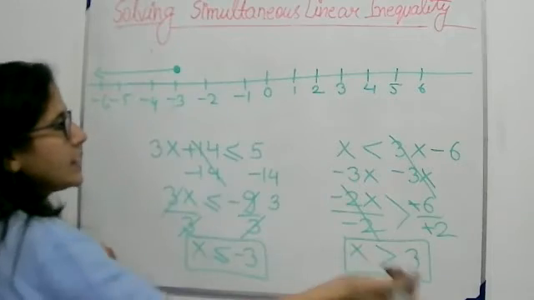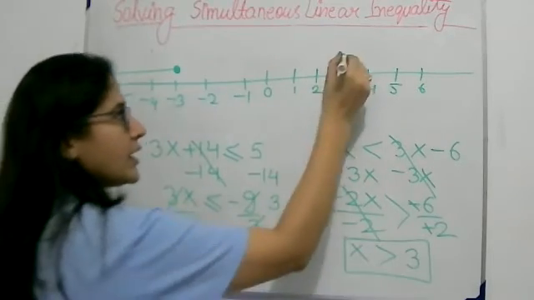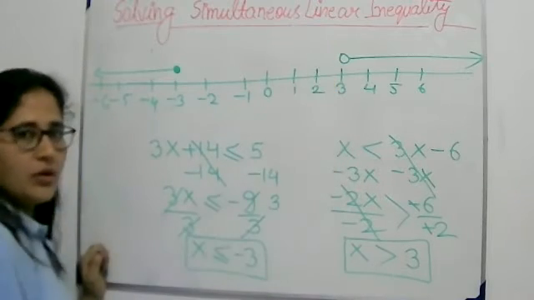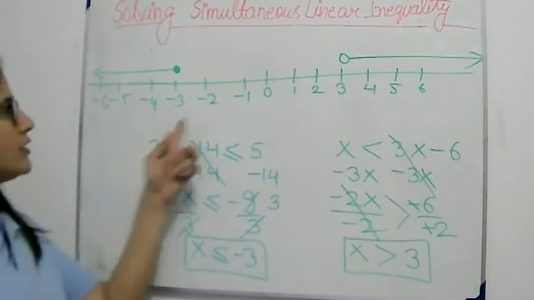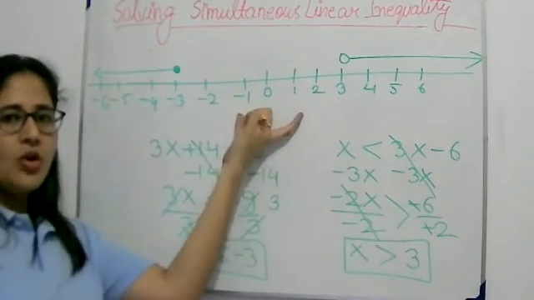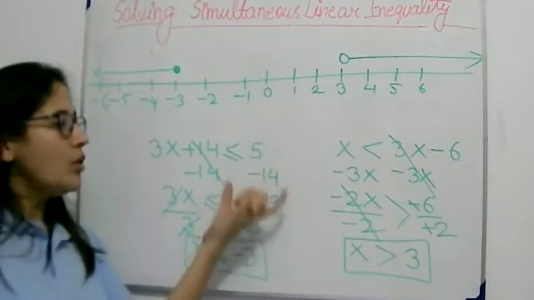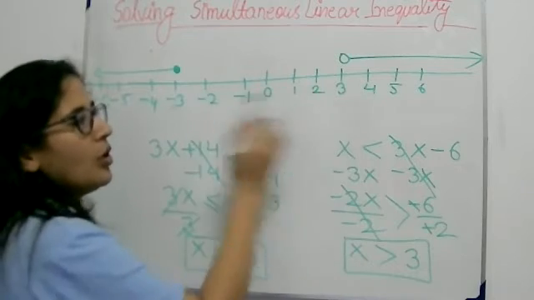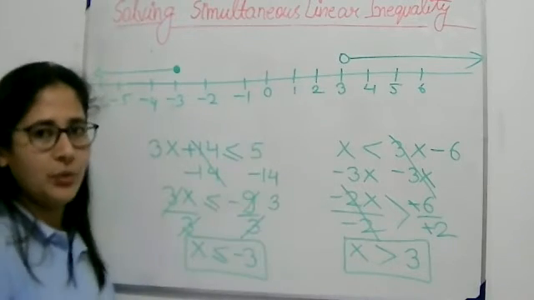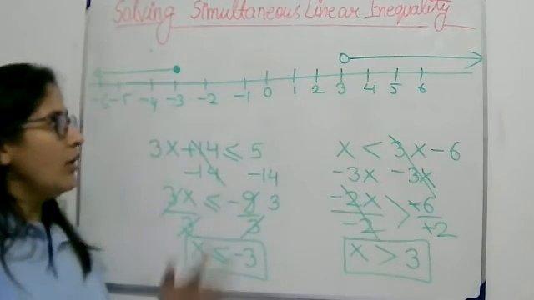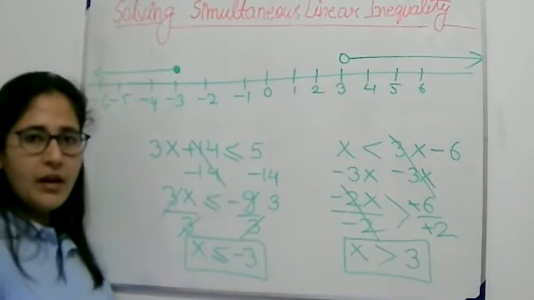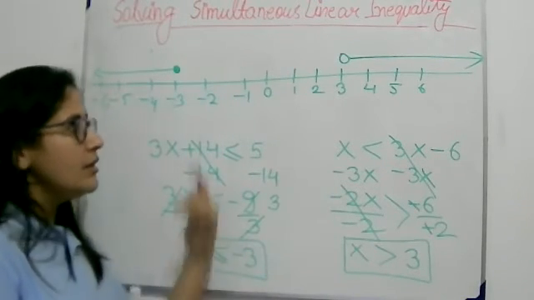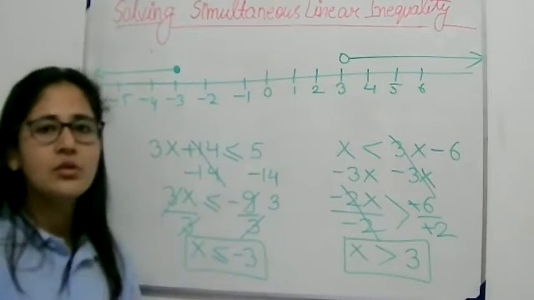Next one is x is greater than 3. 3 is here. Greater means forward side. This is not equal to, so the circle will be hollow. We can see there is no overlapping area, no common solution. So the answer is no solution because there is no common solution for both inequalities. Clear? If there is an overlapping area, we will check what the common solutions are. The solution will be the answer, but here there is no common solution, so the answer is no solution.